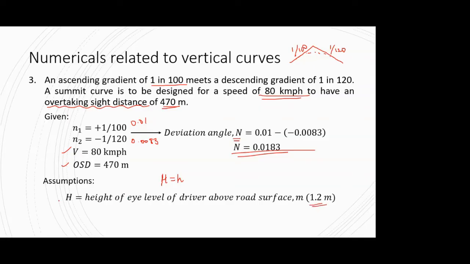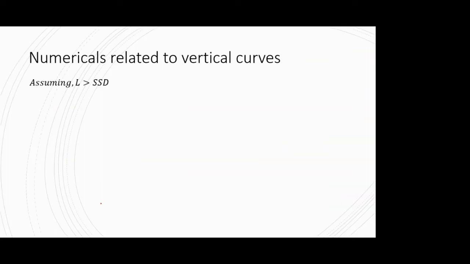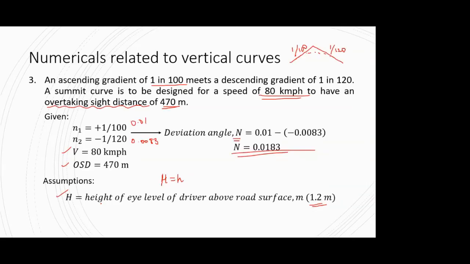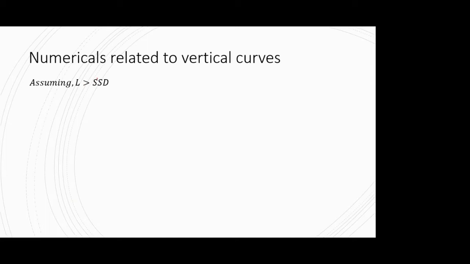So you will only need the value of capital H. Here we will assume the length of summit curve greater than OSD. Now the formula has changed. Previously for SSD we had NS square upon 4.4, but for OSD it's NS square upon 9.6, because the value of H we consider as 1.2 in this case.